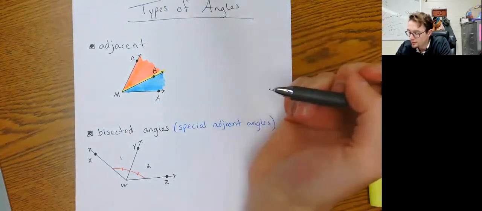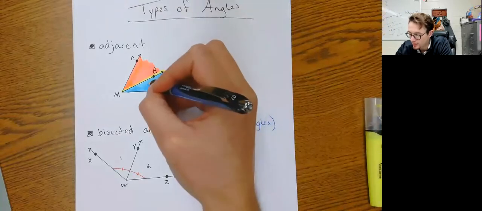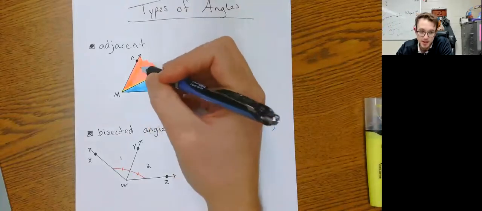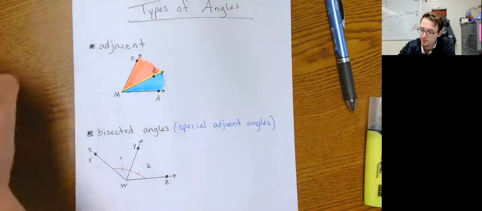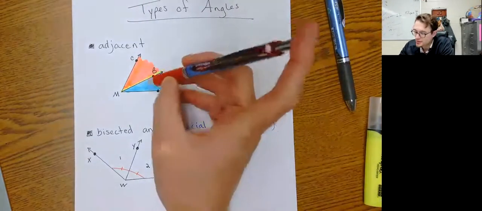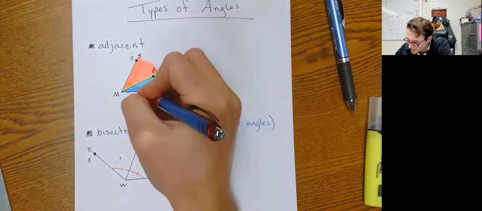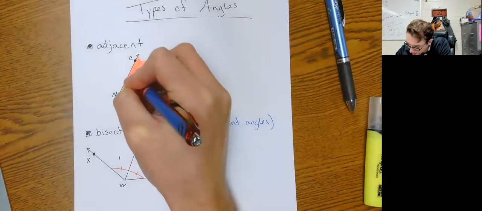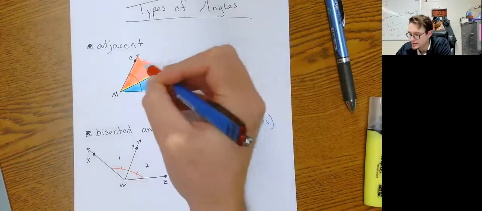There are three different angles here, right? We have the blue angle. We have this pink angle, but there's also, if you watch my video on angle addition postulate, these two angles add to create this whole angle, which is CMB.